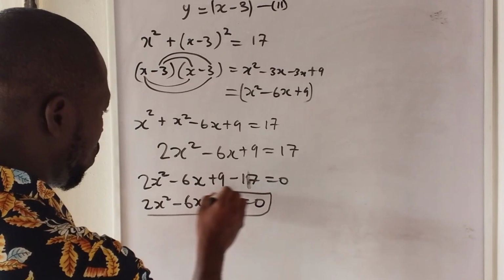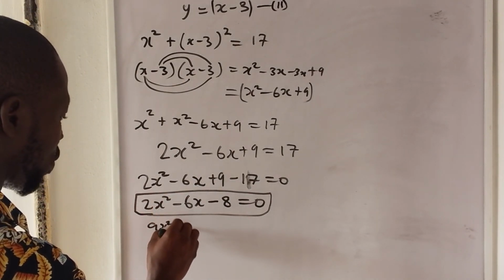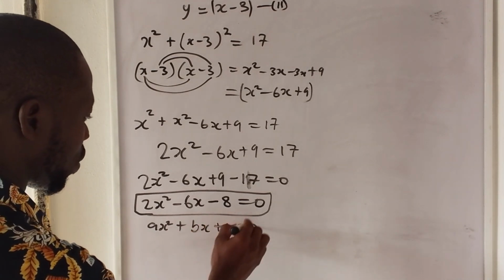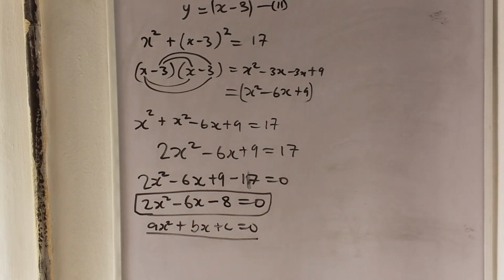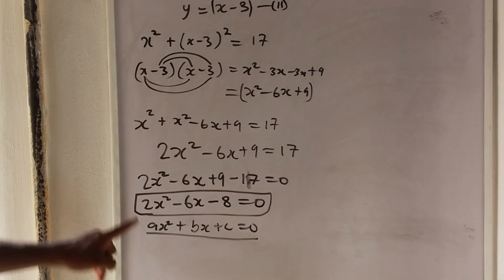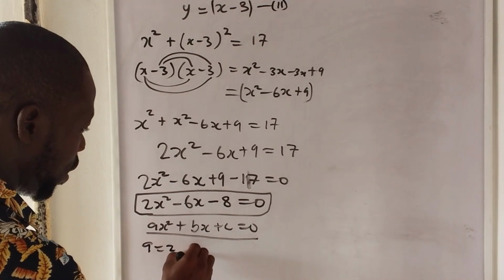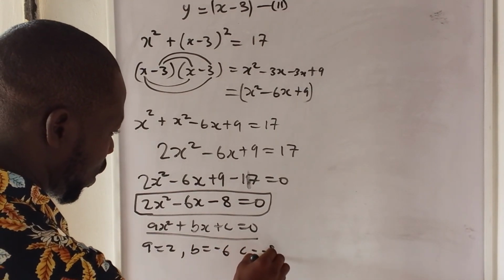This gives you a quadratic equation in the form of ax squared plus bx plus c equals to 0. This is the general quadratic form, right? So in this, you can say your a is 2, our b is minus 6, and our c is minus 8.